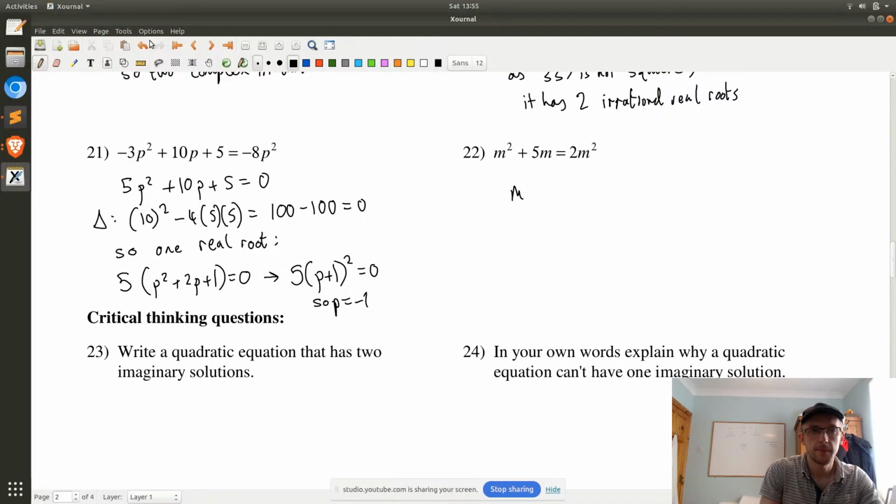Here, negative m squared plus 5m equals 0. Apply the discriminant. So that's b squared minus 4 times a times c, which is not equal to 0, beg your pardon. It's actually equal to 25.